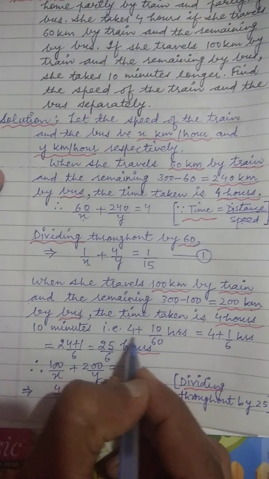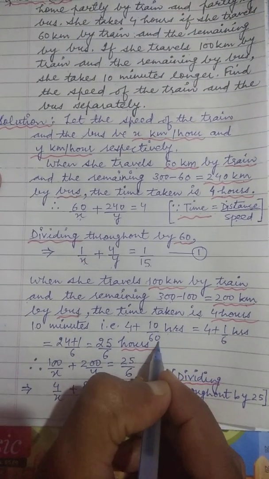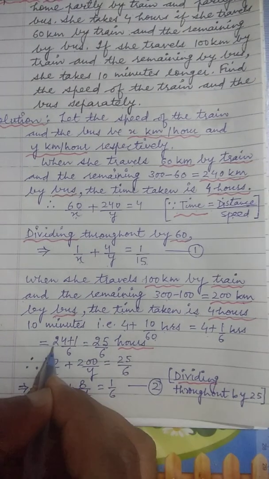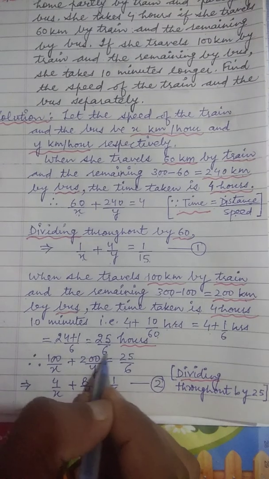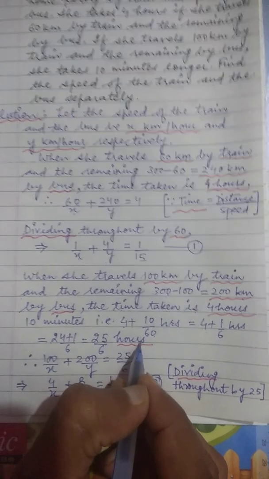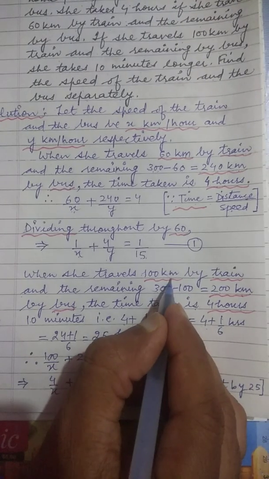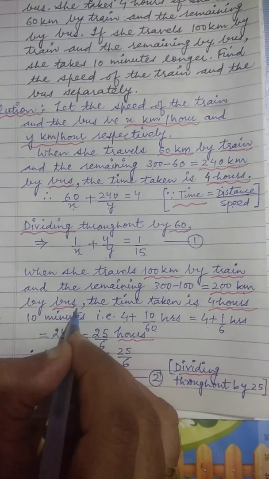So the total time will be 4 plus 10 upon 60. The 0 will be cancelled out. We get 4 plus 1 upon 6. On taking LCM, we get 24 plus 1 upon 6, which will be 25 upon 6 hours. This is the total time taken by her when she travels 100 km by train and 200 km by bus.